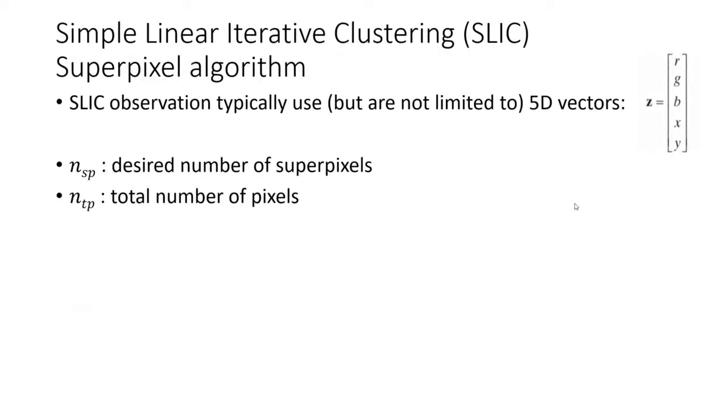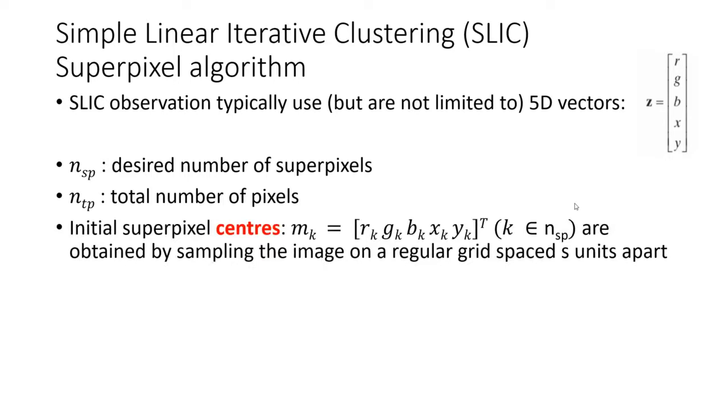The number of pixels is the total number of pixels, right? So it doesn't change. And we're going to set up the initial superpixel centers, which we're going to call MK, and the centers will also have values RK, GK, BK, and XK and YK.